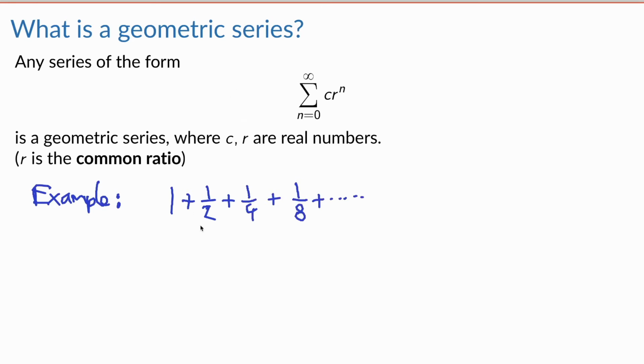This language of common ratio comes from the fact that the ratio between, let's say, that term and the next one is 1/2. And that one is also a half, and that one is also a half. So that's where this language of common ratio comes from.